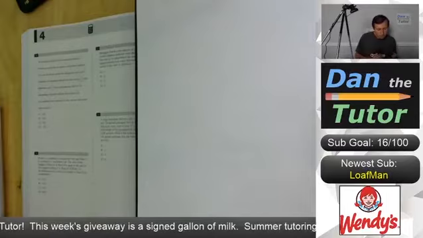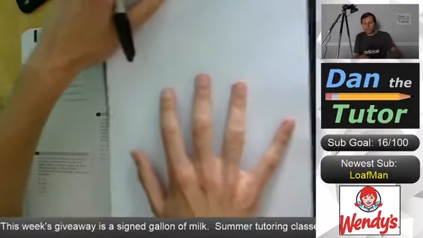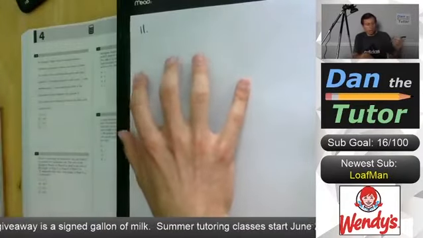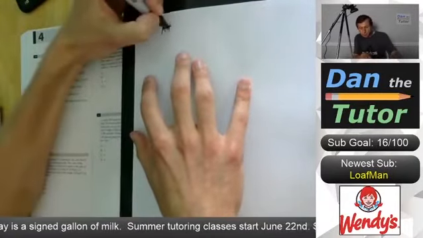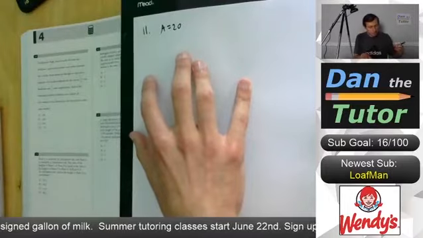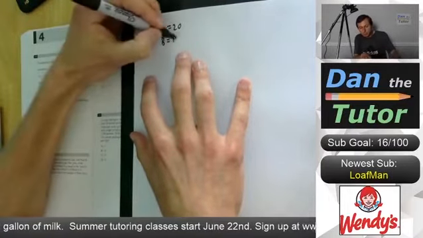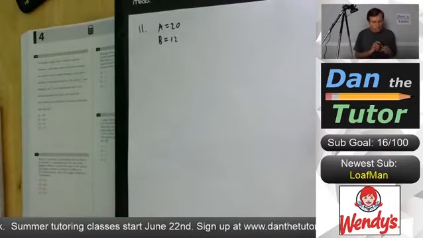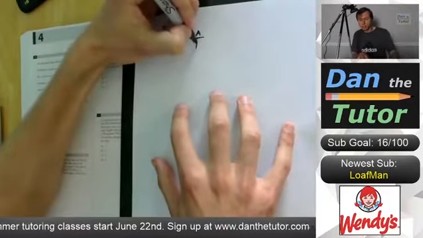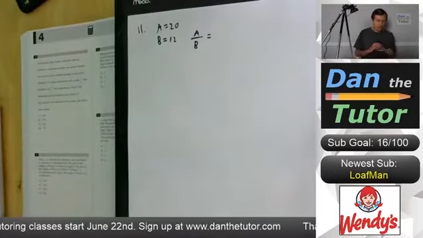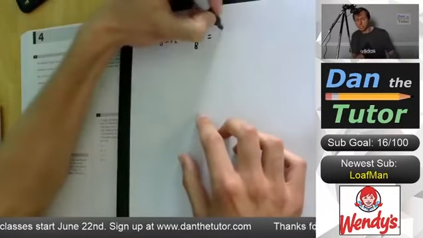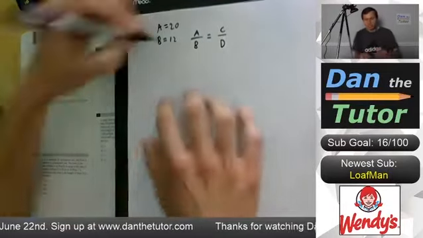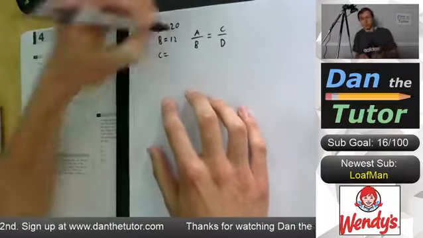Okay, cool. So all we know, and I'm going to use like 4 variables here. This is number 11. We have A is 20, B is 12, and then the last thing they tell us in the problem is that the ratio of heights of A to B, and ratio you can just write as a fraction. So A to B is equal to the ratio of C to D. And they also give us that plant C is 54 centimeters tall.